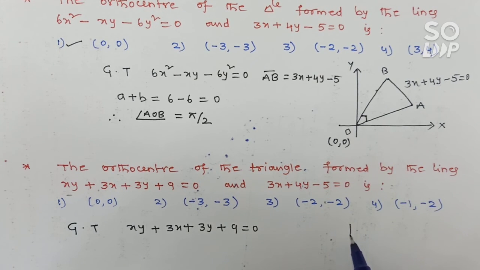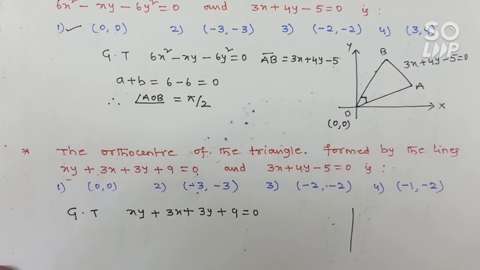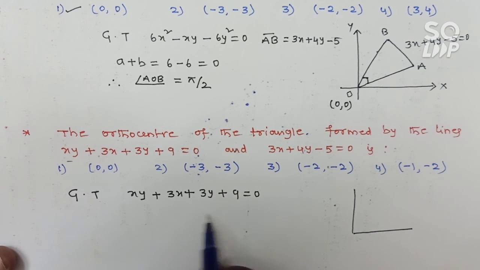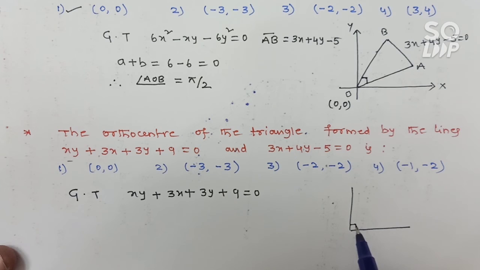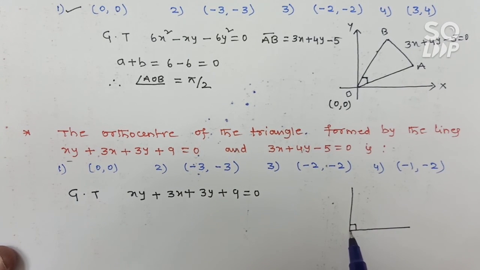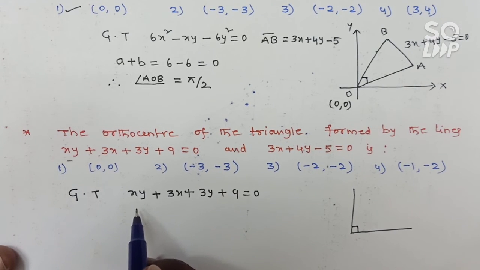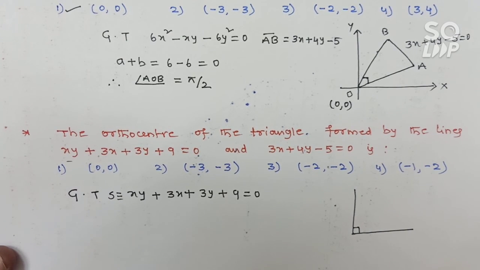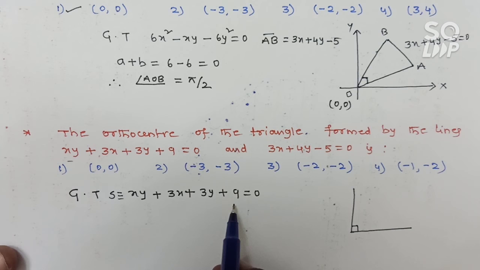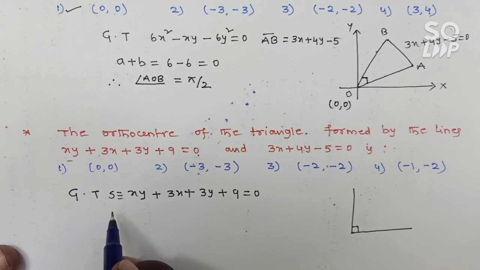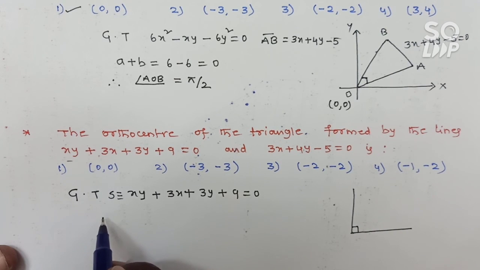That means the diagram will be like this; the given equation will represent these two lines. How to find these equations? See, let this one be S. If you can do the factors directly, you can do it, or otherwise you can do it by the differentiation method.